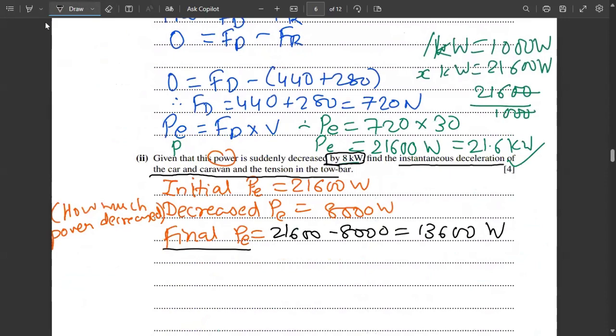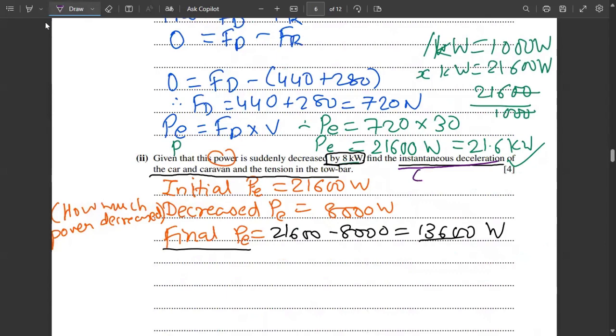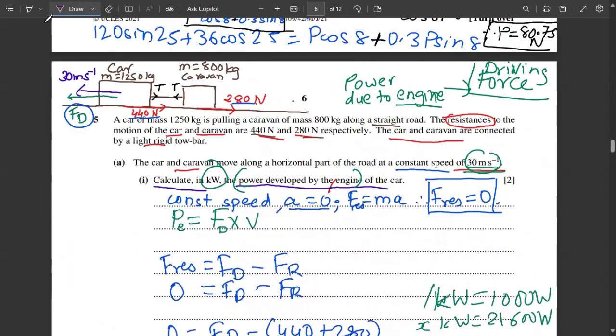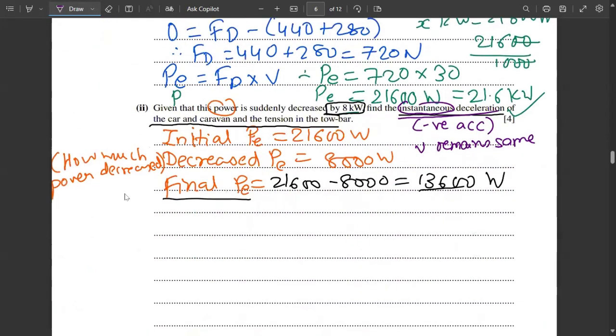Okay. So now we have the new power. Now what they have asked us to find is the instantaneous deceleration. That is technically negative acceleration. And instantaneously means velocity remains same. That means given that the car was traveling at a constant speed of 30 meters per second, will it now travel at the same speed?